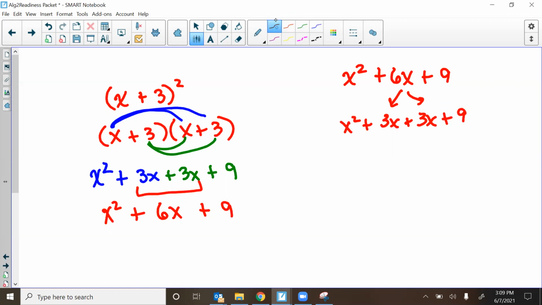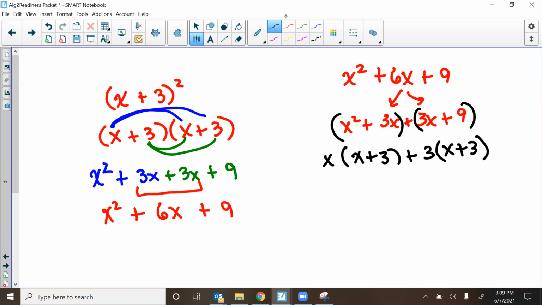And then when we solve by grouping, we get x and x plus 3 times x plus 3. So our x plus 3's come out to be x plus 3 over here, and our GCFs come over here, and we have the same number.